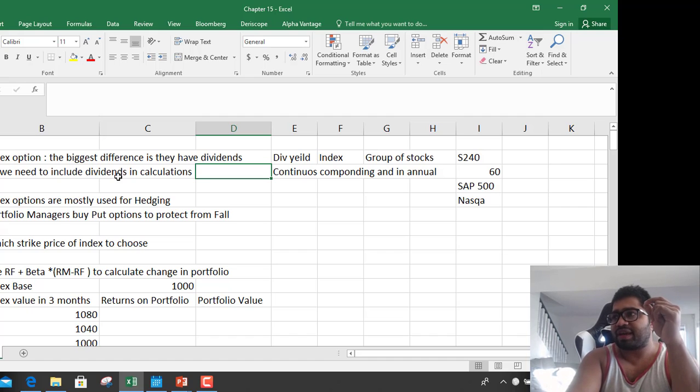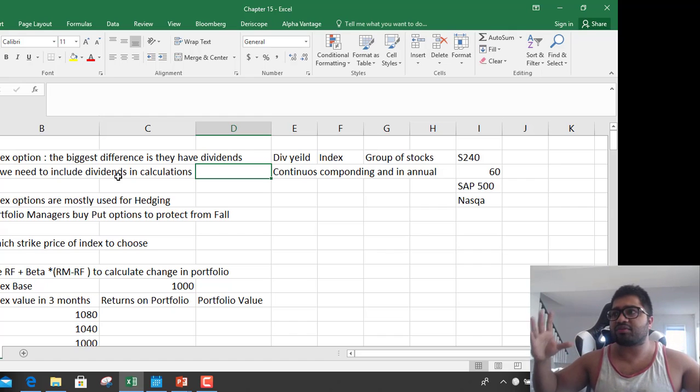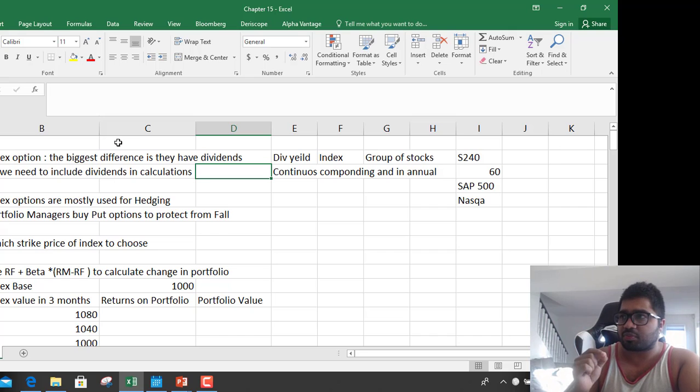Now options are based on stock prices, so if the stock price goes down, then S0, the present value of the stock, also goes down. So you have to discount the stock price by the amount of dividend paid. This is the overall theme that we are going to work with.